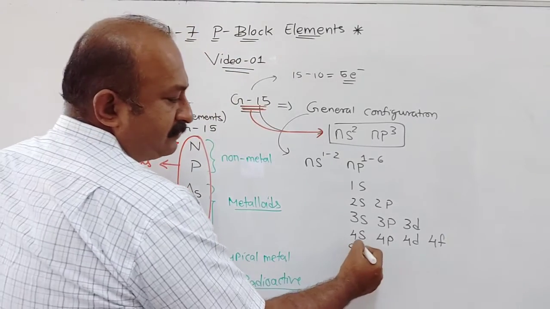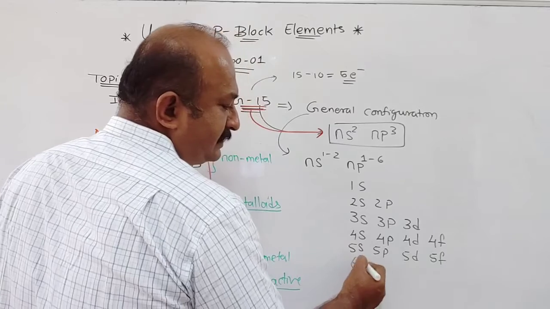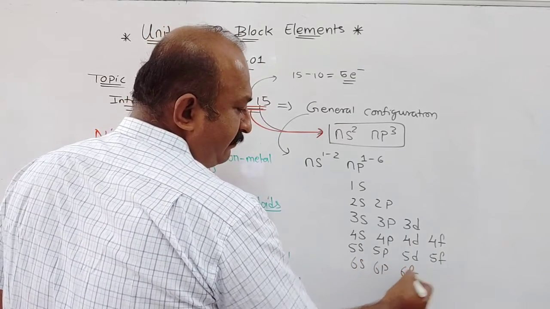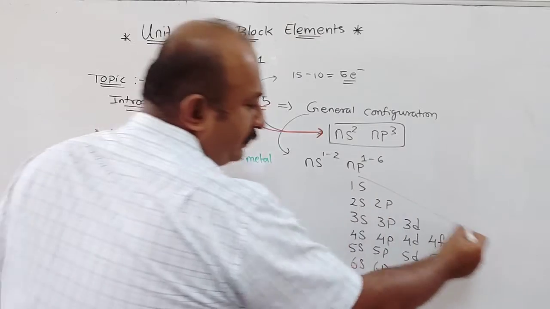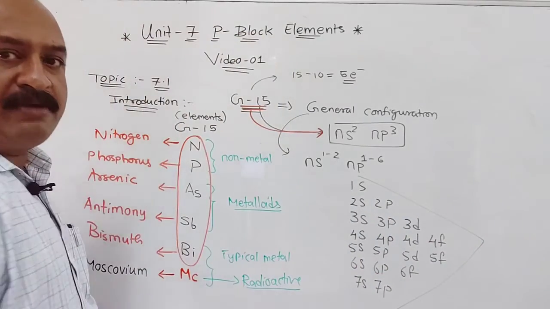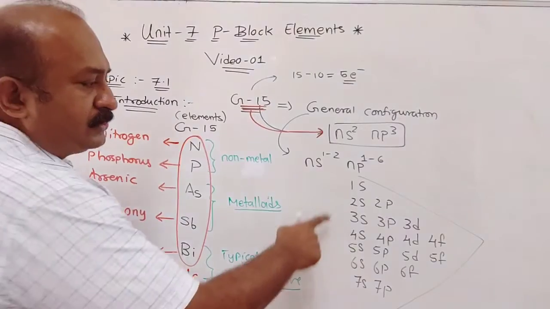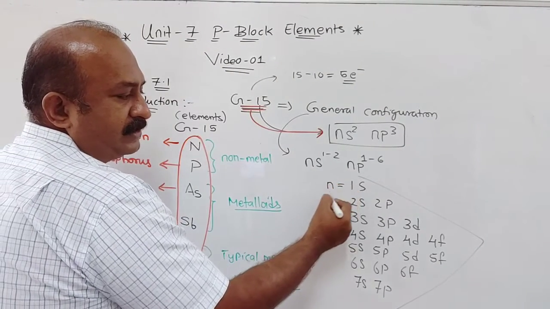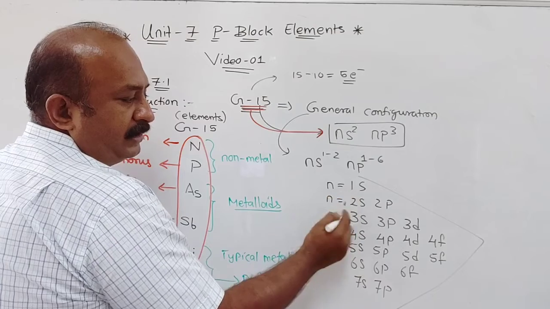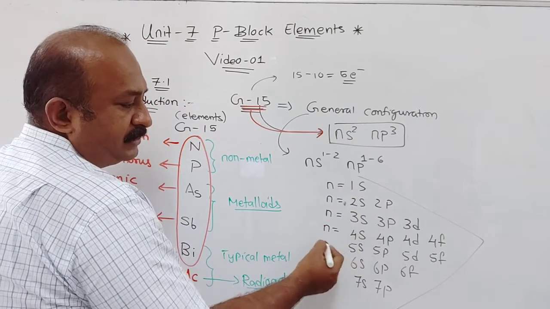Then 5s, 5p, 5d and 5f, then 6s, 6p, 6d, 7s and 7p. Like this, the triangle will be there. You can remember it like this. Understood? And the f orbital starts from the fourth shell. This shows the shell; there are 7 periods, so this is n equal to 1, n equal to 2, n equal to 3. You must have studied the principal quantum number, or you will study it.